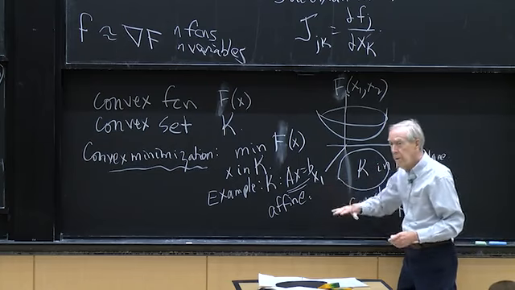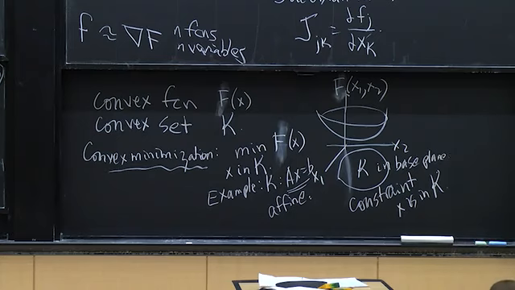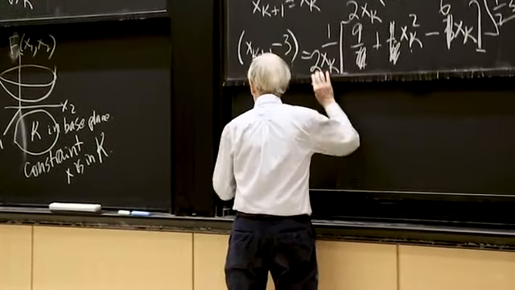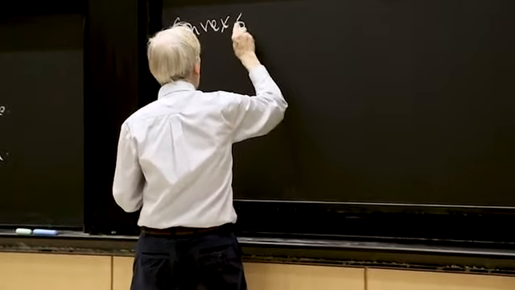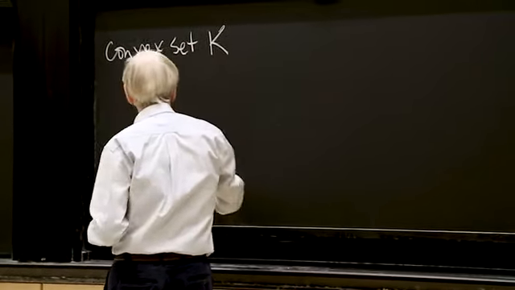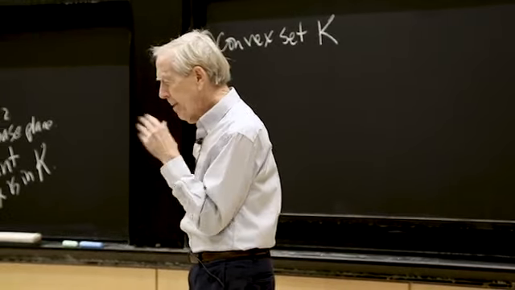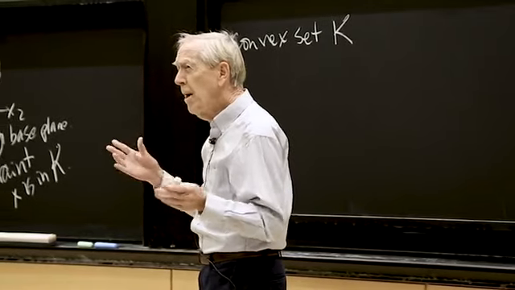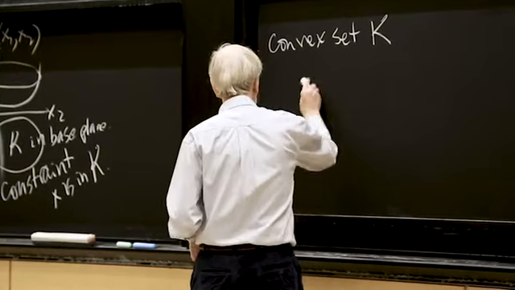Here was an example where it's a flat plane, not a blob. But let me come back to what convex means. What's a convex set? Yeah, we have to do that. Should have done that before. In the notes, I had the fun of figuring out if I took a triangle, is that a convex set? Let's just be sure.